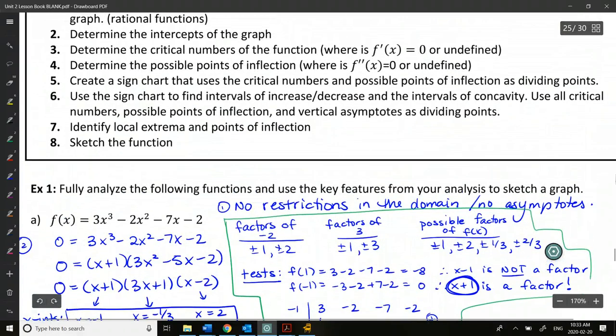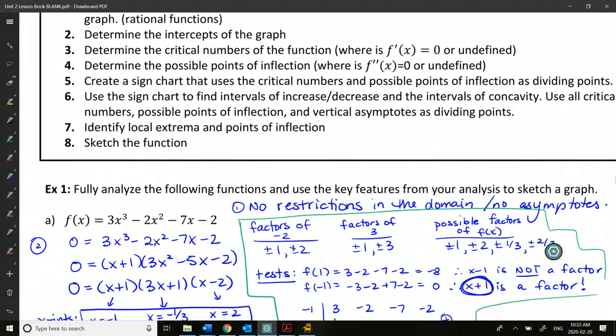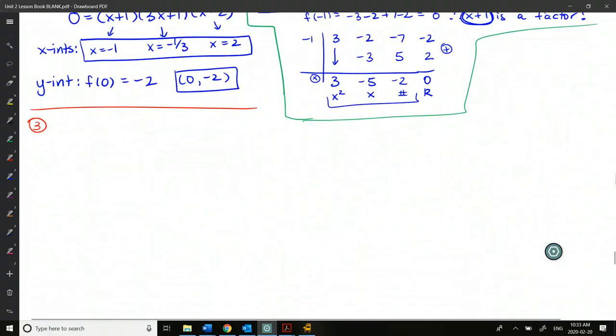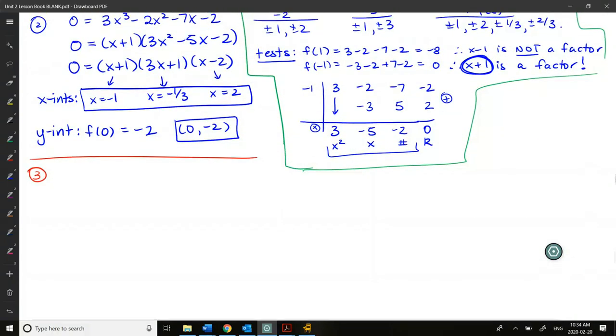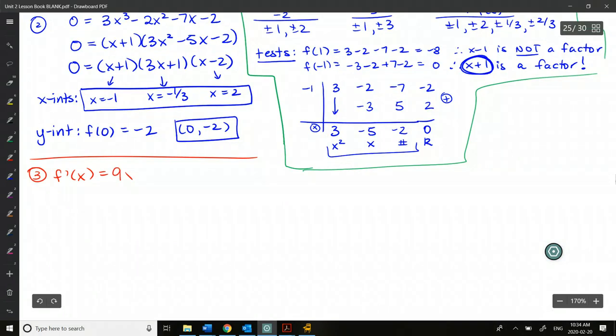So part 3, we're going to determine critical numbers, and that is where the first derivative equals 0. Okay, so you guys have been working with this for a while. So f prime of x equals 9x squared minus 4x minus 7. And we set that equal to 0.